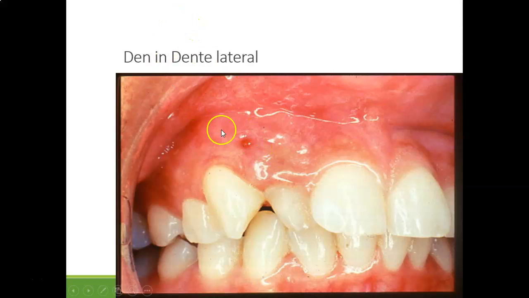So you can't really tell the dens in dente of this lateral. However, you'll see in the next image, it's causing some pathology. This right here is a little fistula, which is like a drainage point for the abscess that is happening with this tooth. It's like a little pressure relief valve where pus and infection drains out.